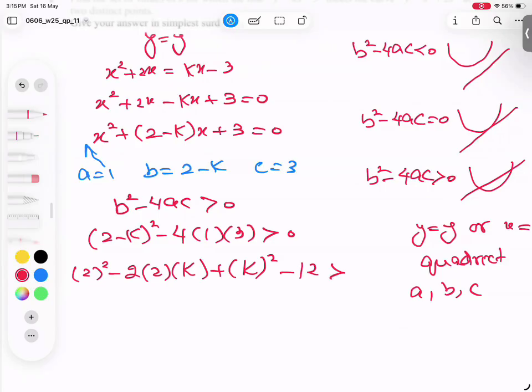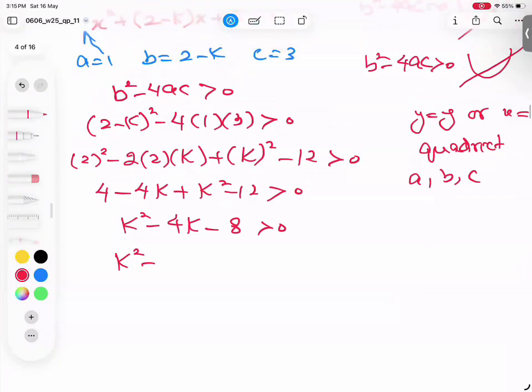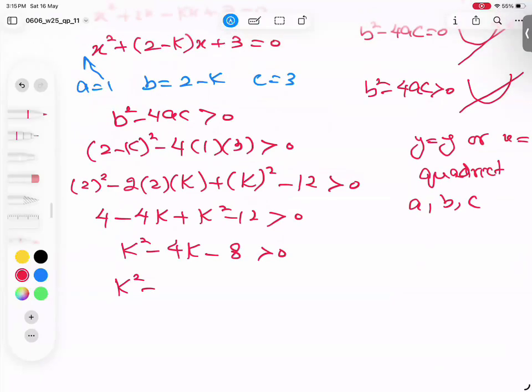Negative 12. I'm getting 4k and plus k square, negative 12. Writing in order. So 4 2s are 8. Let me check. Negative 8. Yes. And 2 to the 4k, k square. Yes, minus. This is a minus. Okay. Clear.